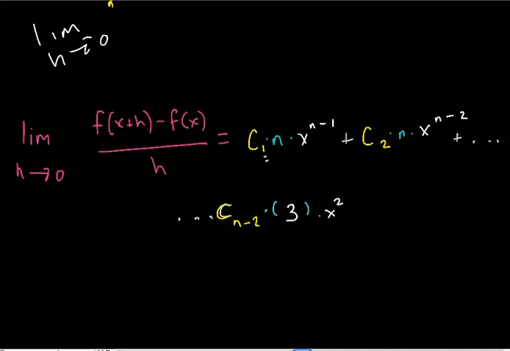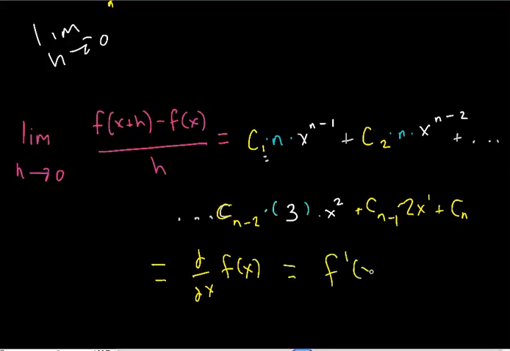And then for the next term, I'll have plus Cn minus 1 times 2x to the first, plus my final Cn term. And all of that equals the derivative of any function, which can also be written as f prime of the function.